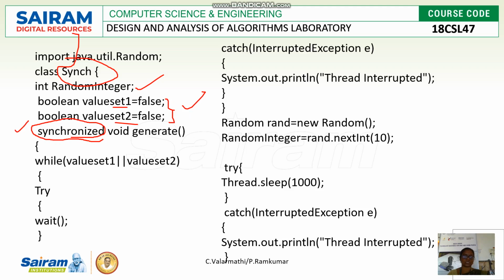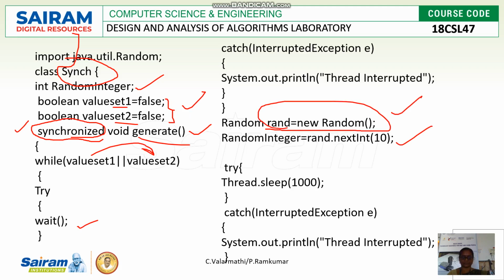Based on the values of valueSet1 and valueSet2, it waits for some milliseconds, and then uses the Random class to create the random number. It will generate the numbers for the next 10.